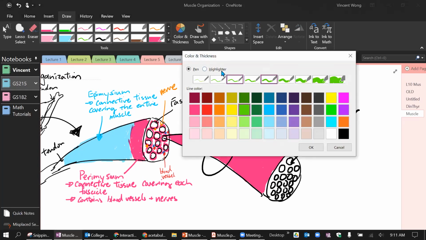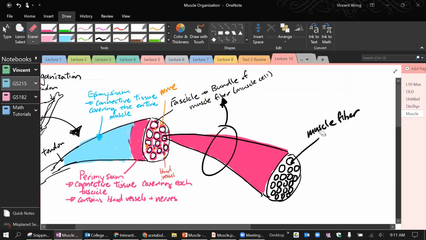Now, maybe you are starting to see the pattern. Surrounding each muscle fiber is going to be yet another layer of connective tissue, going around each of these muscle fibers. If I peel back this perimysium, I would immediately see the green stuff.